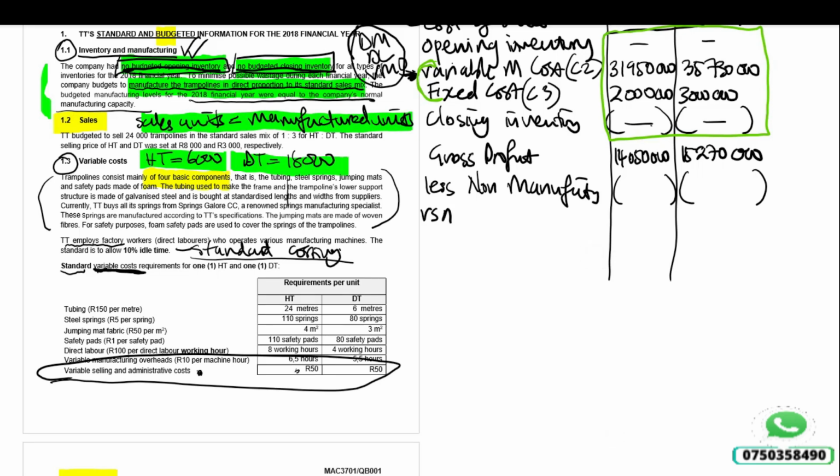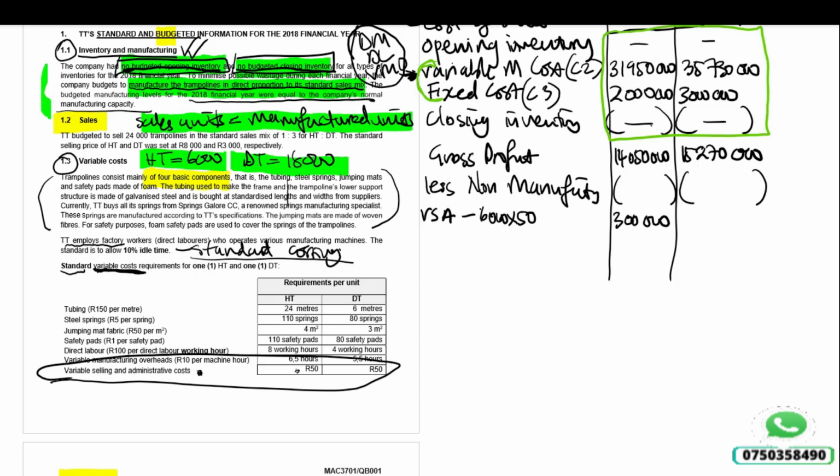For HT it's going to be 6,000 multiplied by 50, because if it's 50 rand to sell 1 unit, then I had to sell 6,000 units of HT. Variable selling and admin always vary with selling units, not manufacturing units. So 6,000 multiplied by 50 is 300,000.